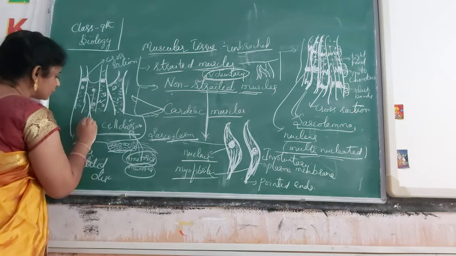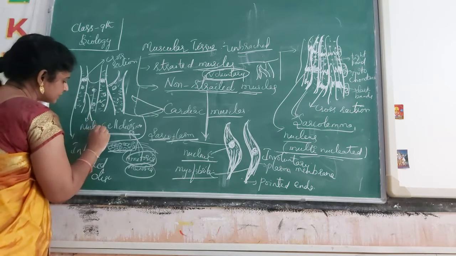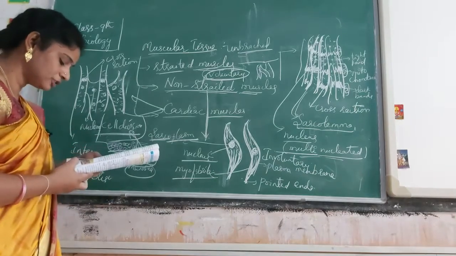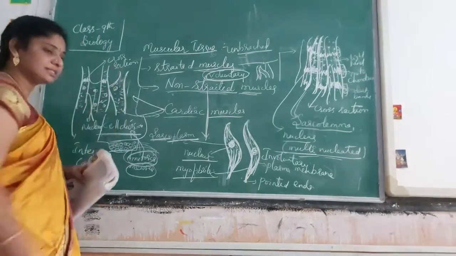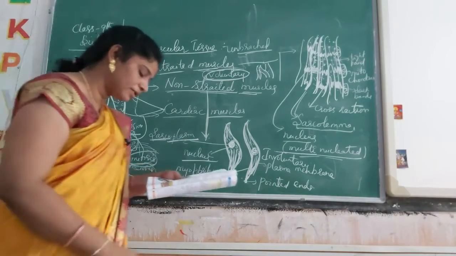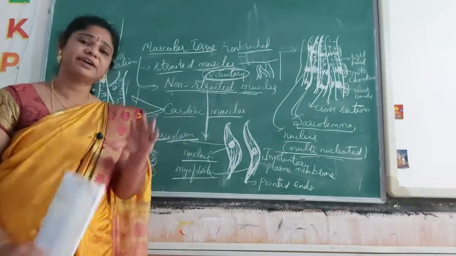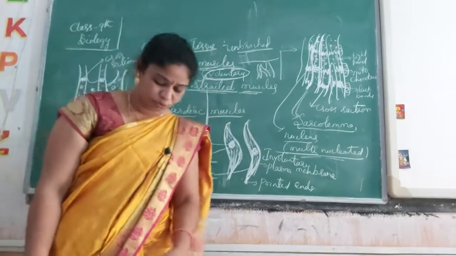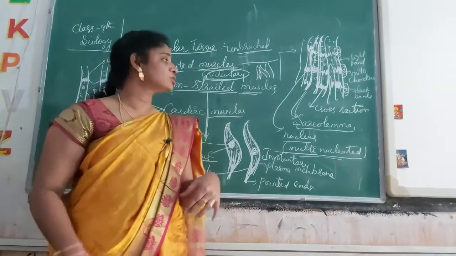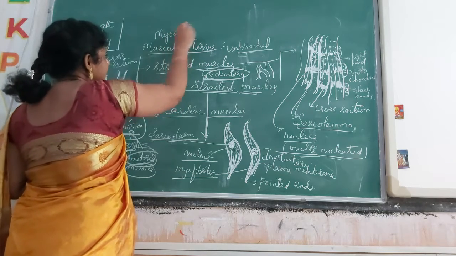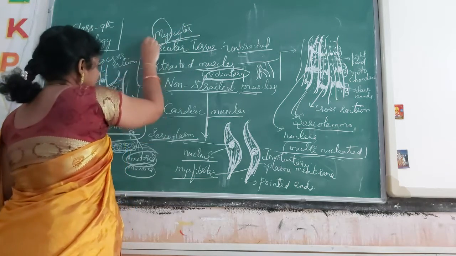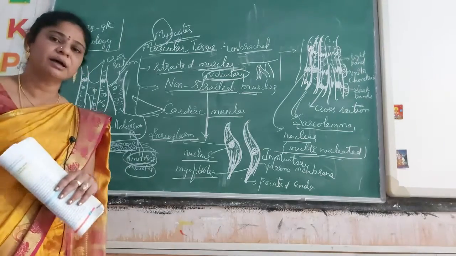Even we have a nucleus in the center, nucleus in the cells. These muscles also contain one type of cell called myocytes. Whatever cells are present in the muscular tissue, those we call myocytes.